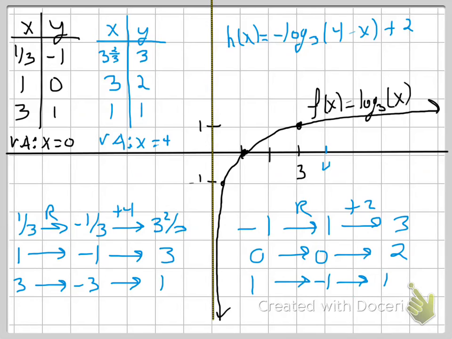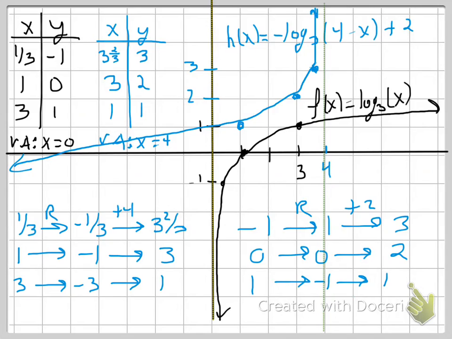So we'll put in our vertical asymptote, and since we already found all our points, we just plot our points and connect our dots. Okay, and that's probably about as yucky as they can get. Of course, we can do some stretches and compressions, but this is plenty.